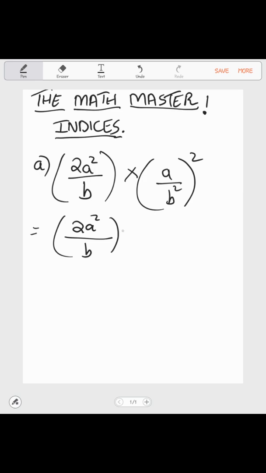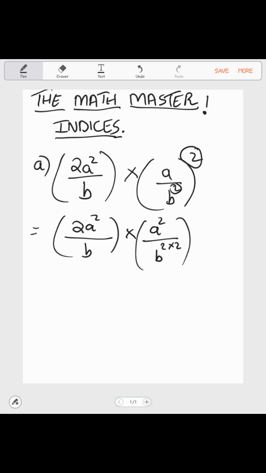But in the second bracket, after the multiplication sign, this square would be applied to both a squared and b squared. It would be multiplied by the power of b: b power 2 into 2 would be the answer.